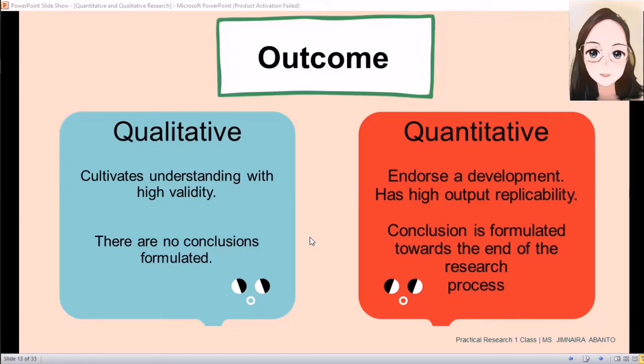Again, no conclusion will be formulated, new insights or theories gained will be used instead of conclusion. In quantitative research, the researcher begins with an expected pattern that is tested against observations. In other words, the researcher explores a known theory or phenomenon and tests if that theory is valid in given circumstances.